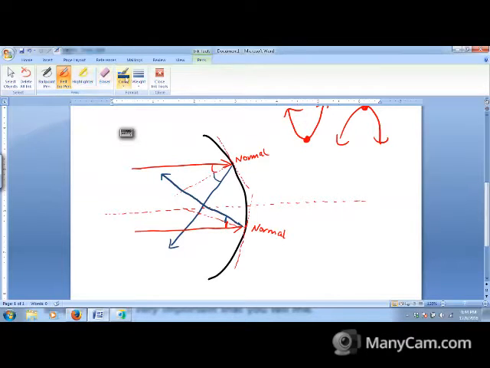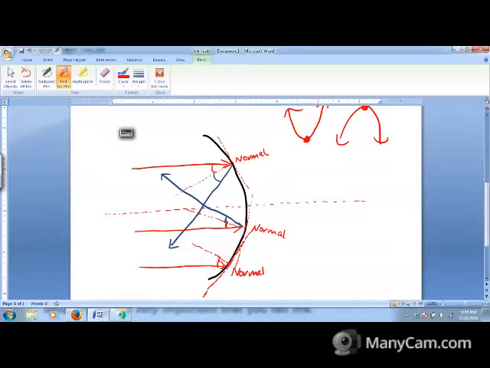And I'll do it with one more ray because I know it's kind of getting a little crowded. Let's say I go all the way down here. The surface is going to look something like this, which means my normal line is going to be perpendicular like that. That's my normal.